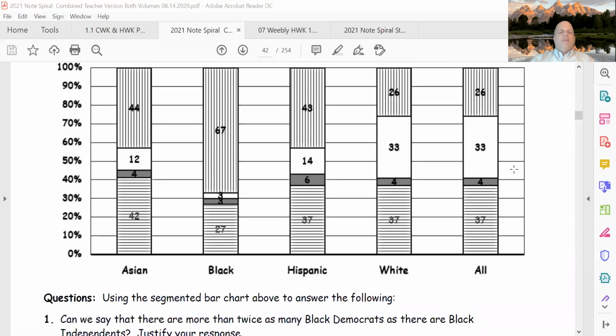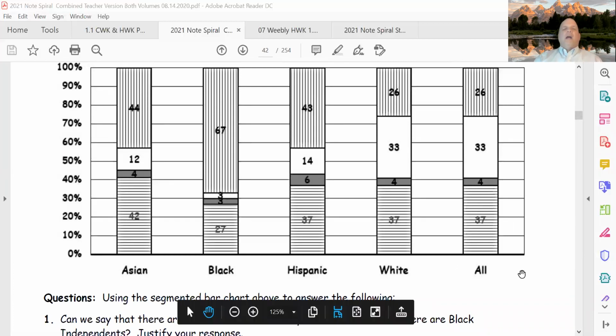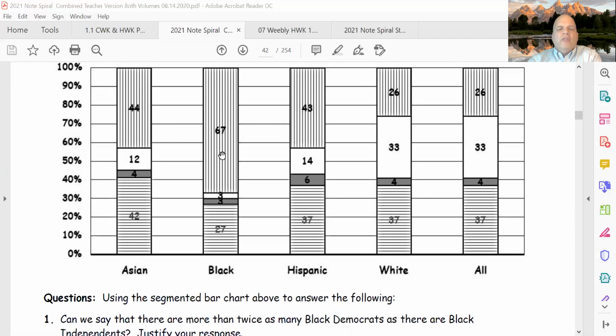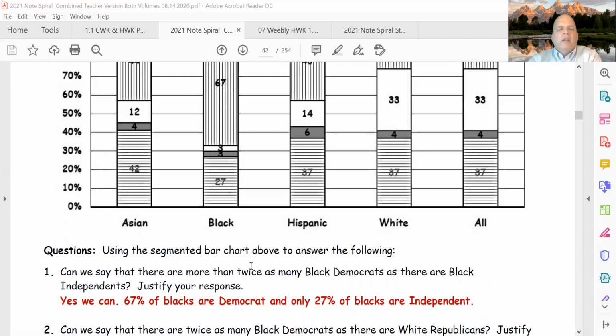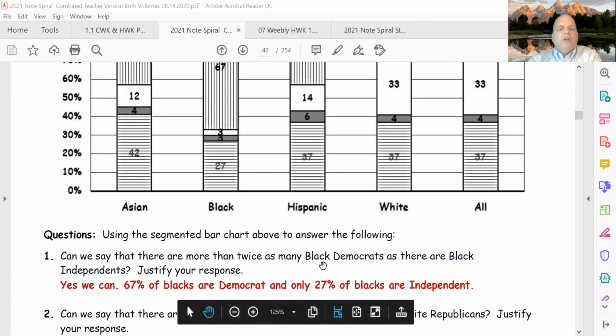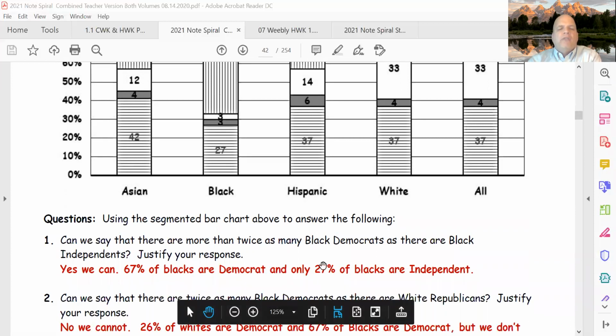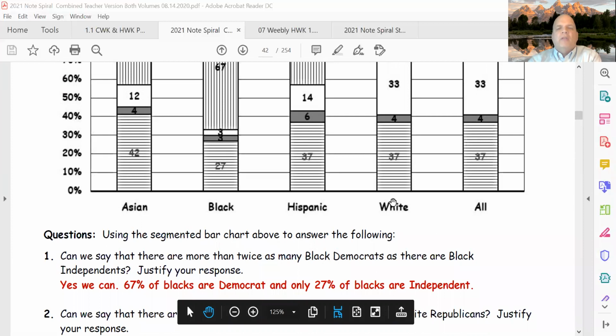And then the first question is, can we say that there are more than twice as many black Democrats as there are black independents? Well, independents was 27%, and within that column, 67 is more than twice 27. So yes, we can say that. Can we say there are twice as many black Democrats as there are white Republicans?